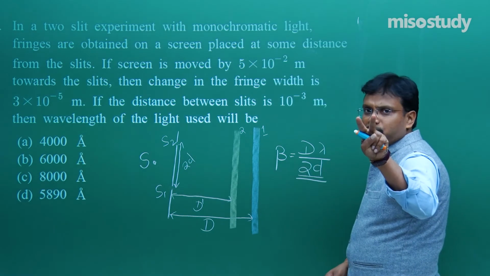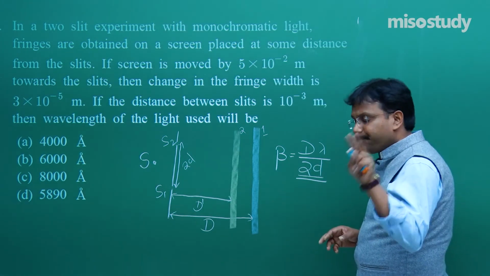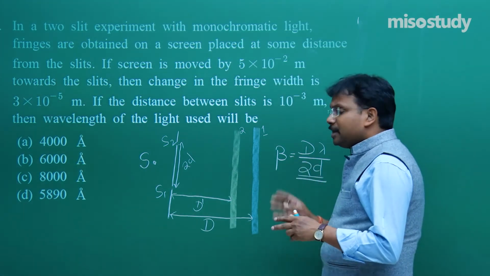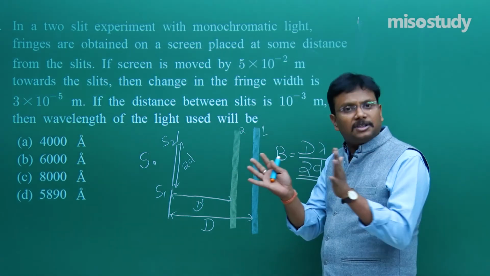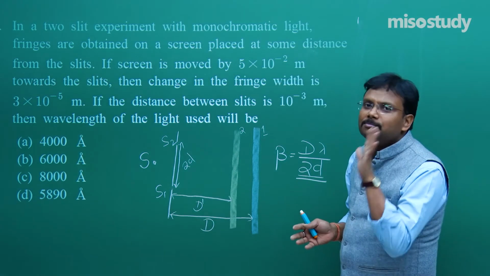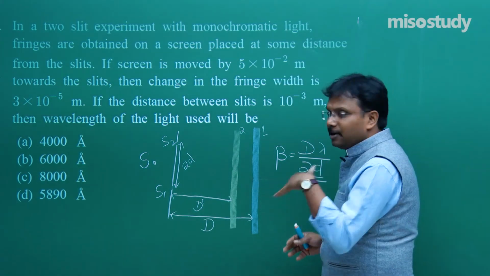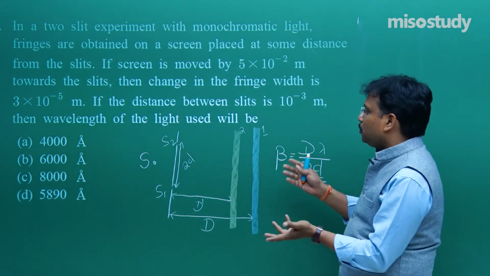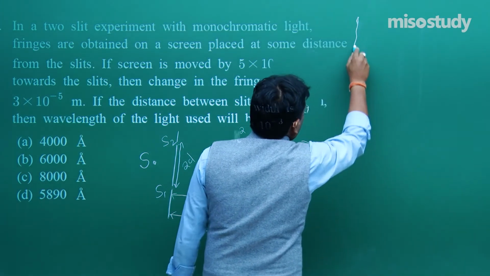So, there are two approaches for this particular question. What are? Either calculate fringe widths separately, then subtract, or in one go you can calculate. So, let me allow to do that. Fine, it is your choice. Whatever method you like, you can follow that.